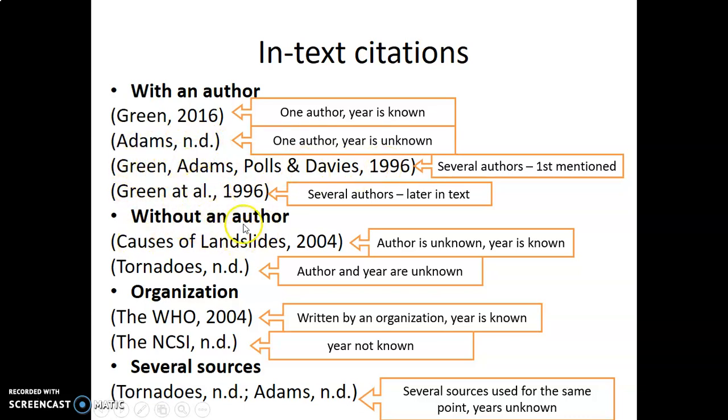If there is no author or you don't know the author, you start with the name of the article, and then comma, year. Comma, n.d., there is no year. If it's written by an organization, you write the name of the organization. Several sources, you list like this.